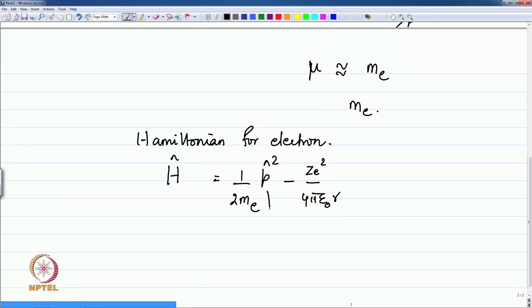And this p square, which is an operator, is given by px square plus py square plus pz square, the three components of the momenta in a coordinate system which is probably fixed in the nucleus itself.